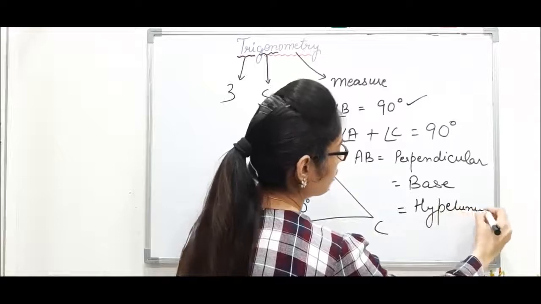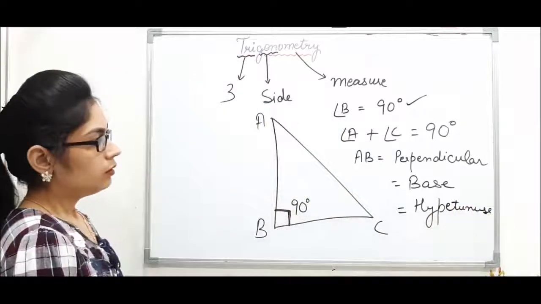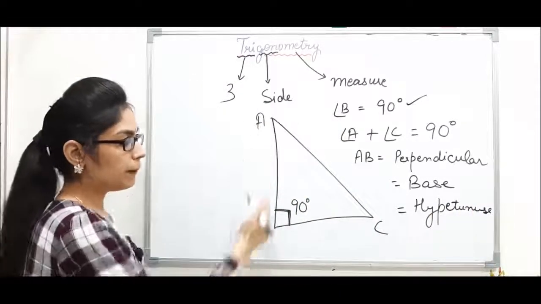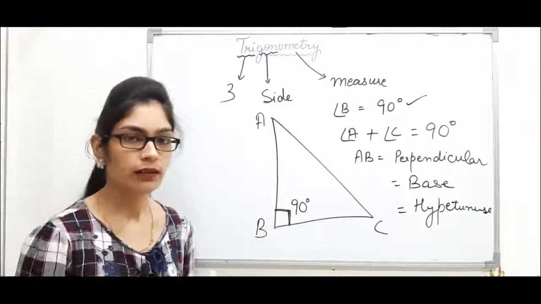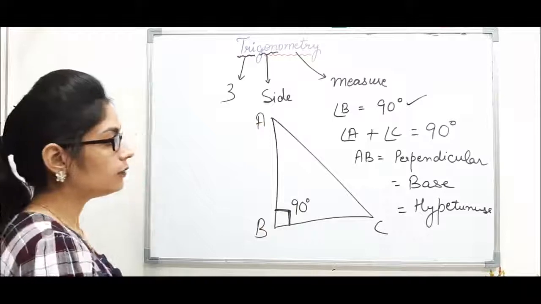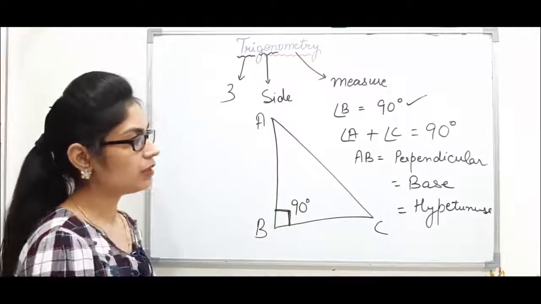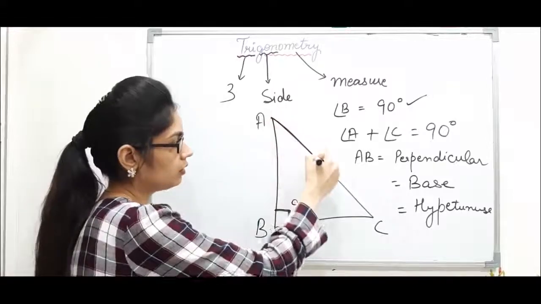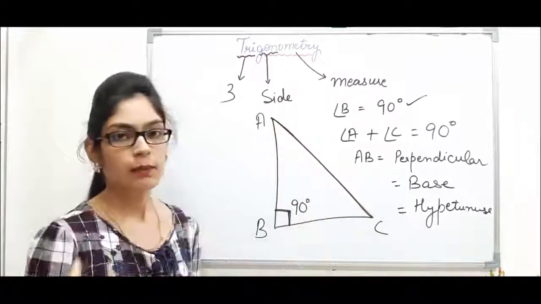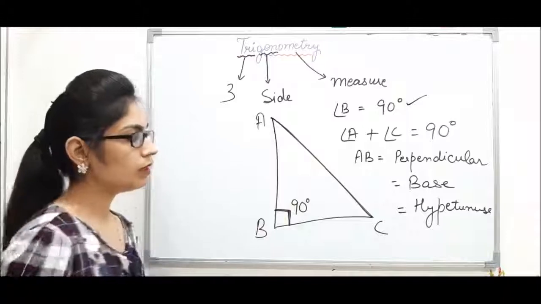This is the hypotenuse. So the 3 sides of a right angle triangle are perpendicular, base and hypotenuse. One side is always sure to be the hypotenuse: the longest side will always remain the hypotenuse of the triangle.